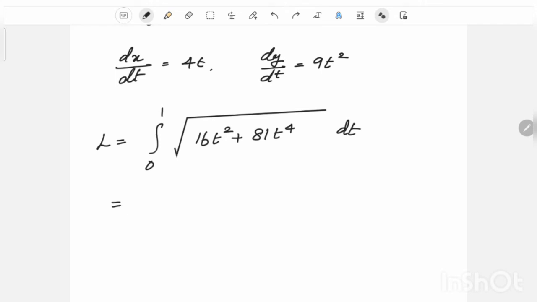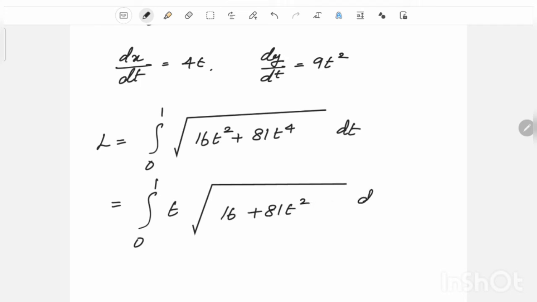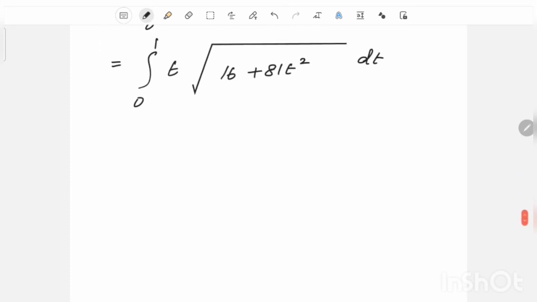Now we can take t square outside of the square root, then that becomes t, and the integral from 0 to 1 of t times the square root of (16 plus 81 t square) dt. Now we are integrating this by substitution, so we can substitute 16 plus 81 t square is equal to u.